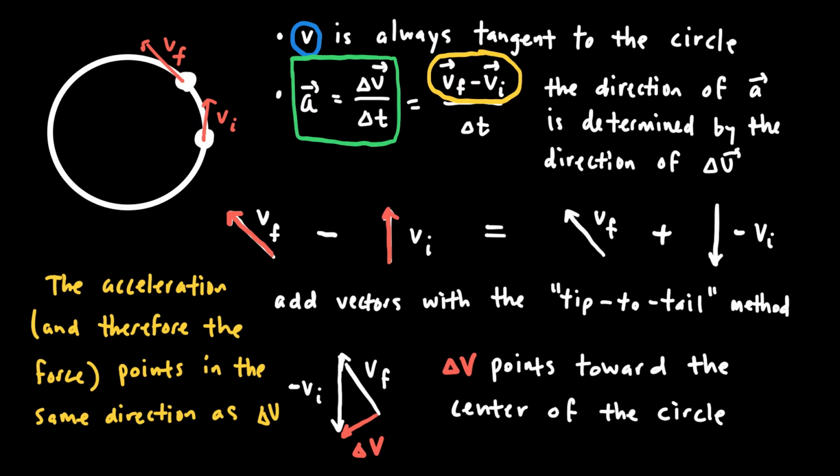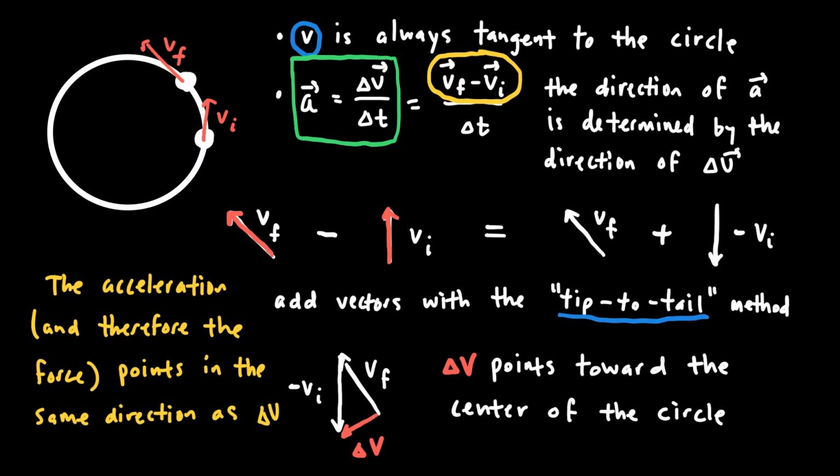And so the vector that represents delta v would be vf minus vi, those two vectors subtracted. But I don't know how to subtract vectors. Instead, I know how to add vectors because we've used something called the tip-to-tail method to add vectors. So I'd much rather add vectors together than subtract them.